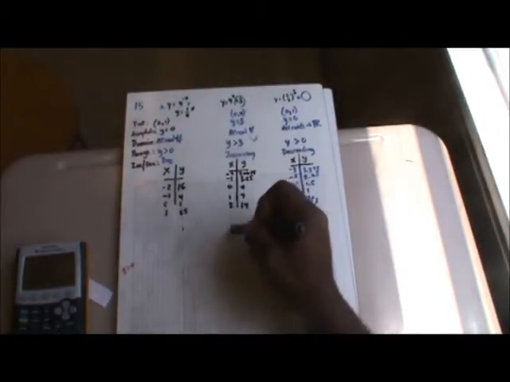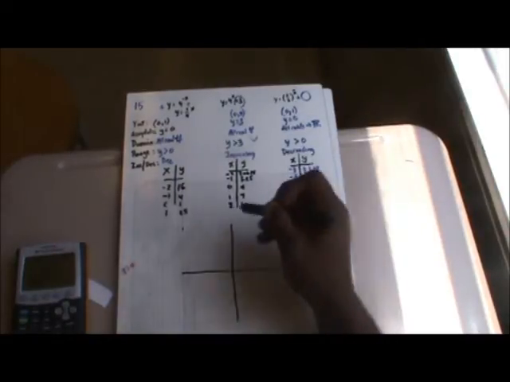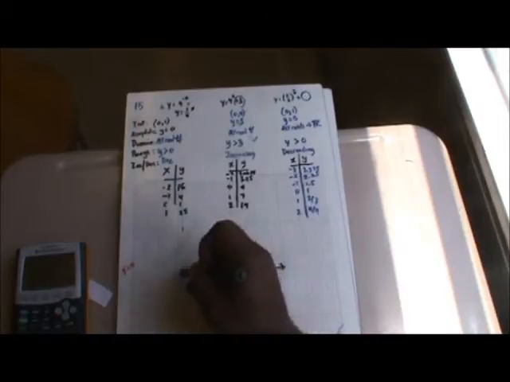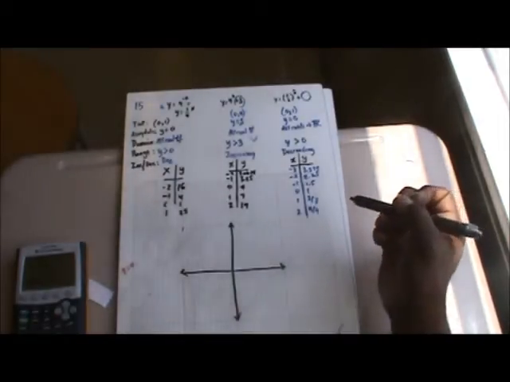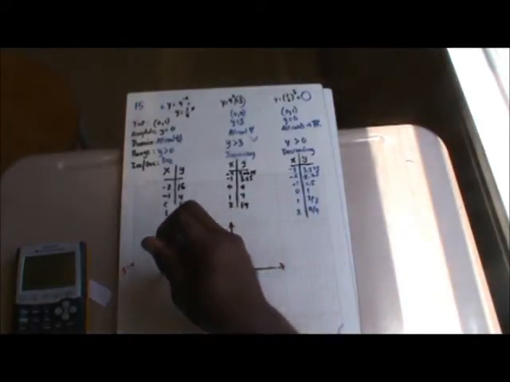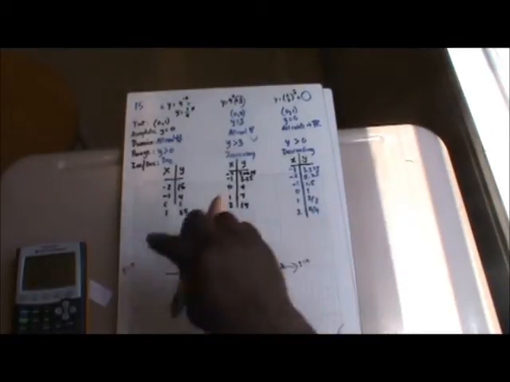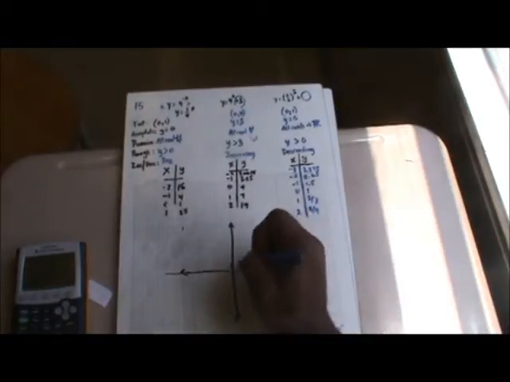All right, graphing that. Graphing our asymptote first gives us y is equal to 0. Then 0, 1, and 1, 2/3.